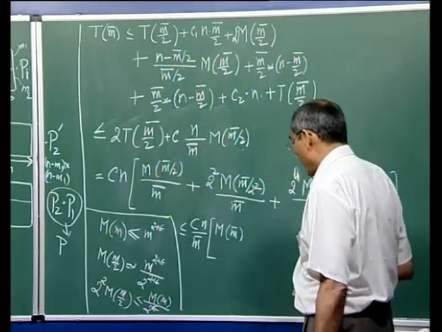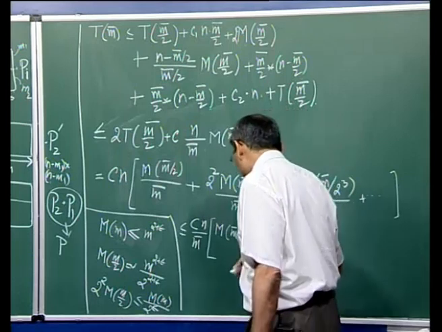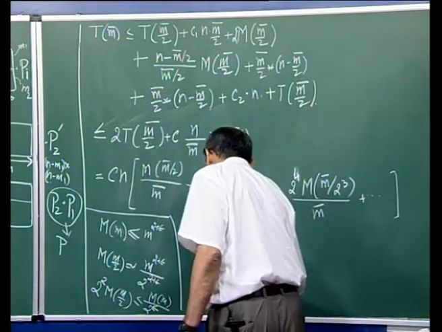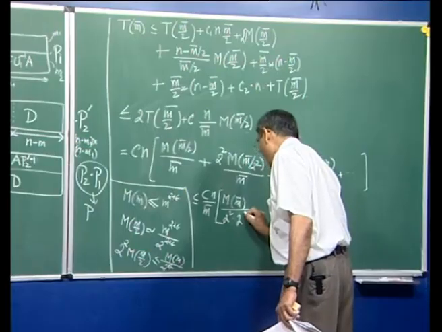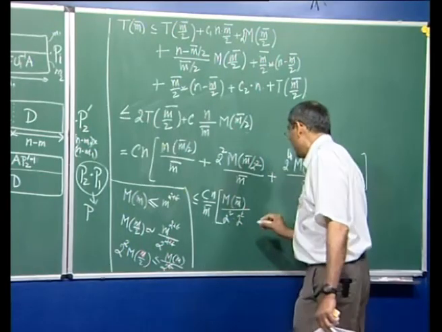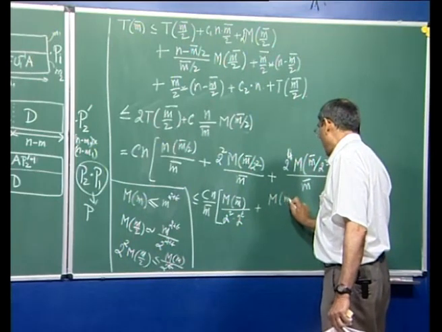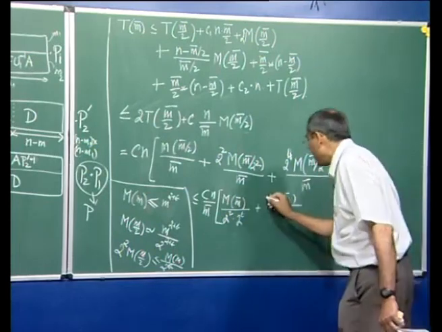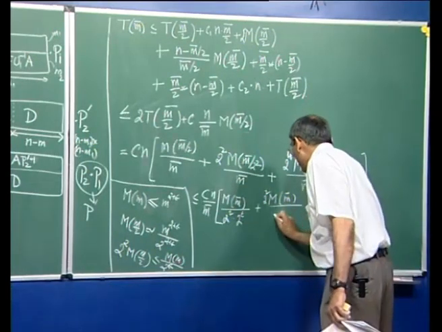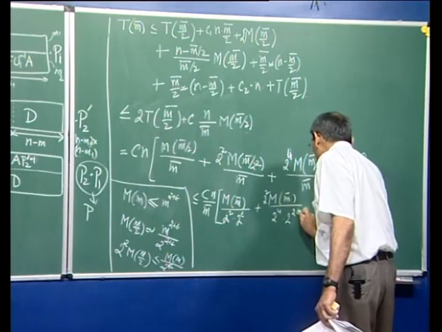M of m bar by 2 is 2 to the power 2 into 2 to the power epsilon, plus m bar. We have a 2 power 2 here, we have 2 power 4 here, and 2 power 2 epsilon.